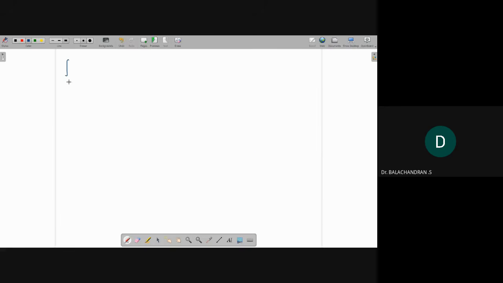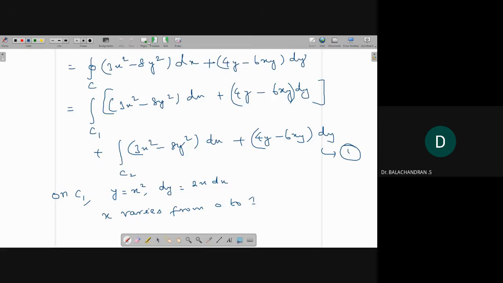Integral over C1 of (3x square minus 8y square) dx plus (4y minus 6xy) dy. So I'm going to convert everything in terms of x.